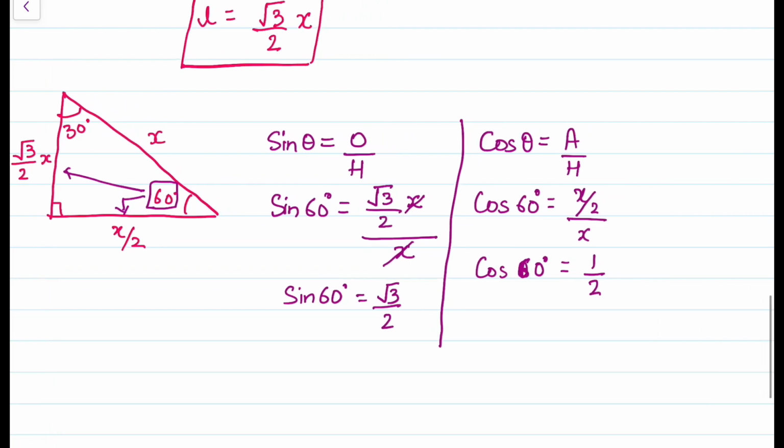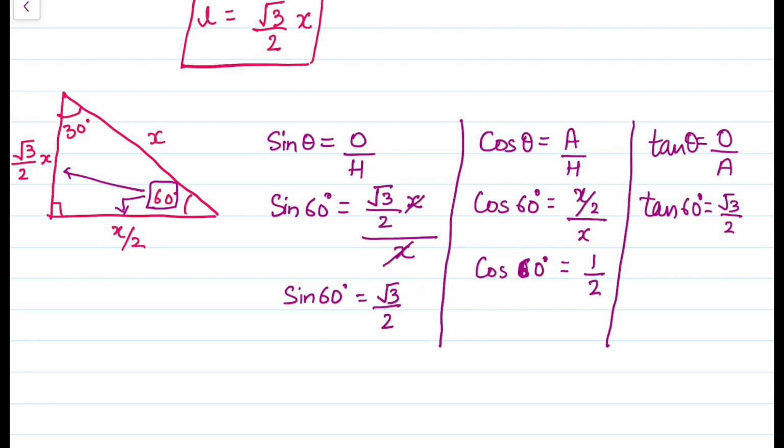Now let's find tan. So tan theta will be equal to opposite over adjacent. So tan 60 degrees will be equal to opposite, which is root 3 over 2 times x, over adjacent, which is x over 2. All right, so now this is a division.